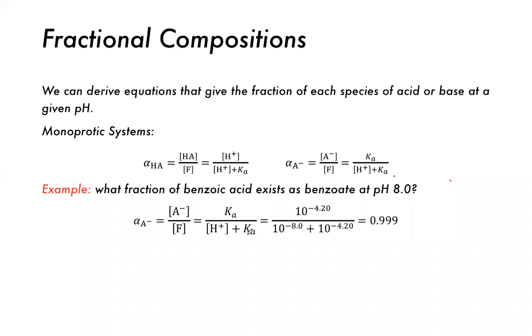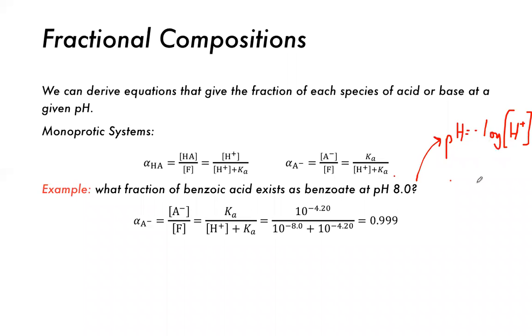The Ka values were given to us as pKa values earlier. The pKa of benzoic acid was told to us to be 4.2. So we want to fill in these values. We know the pH is 8. If we remember, pH is equal to minus log to the base 10 of the hydronium ion concentration, or H plus concentration.